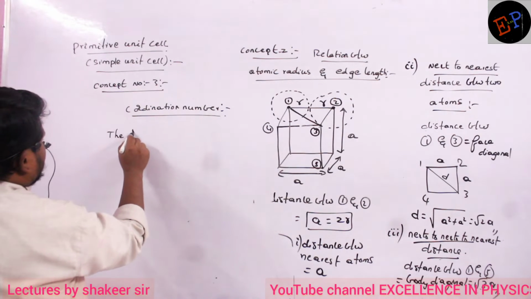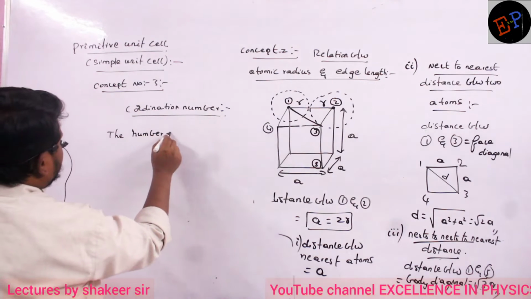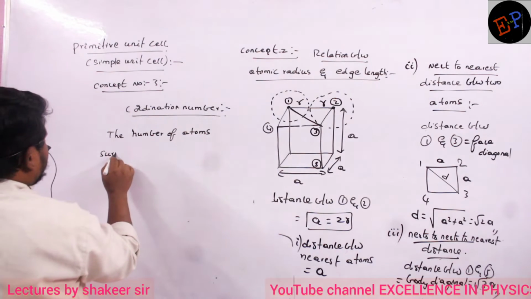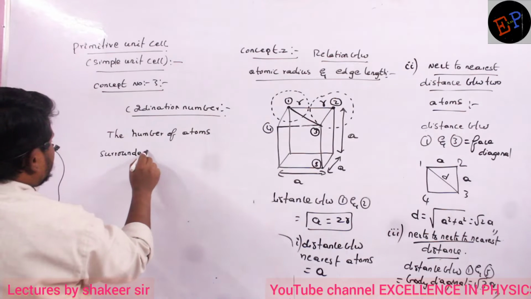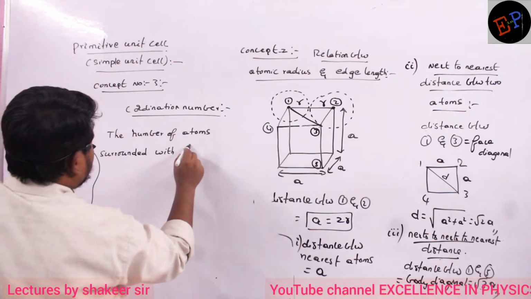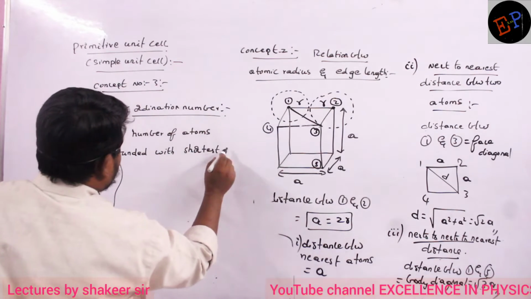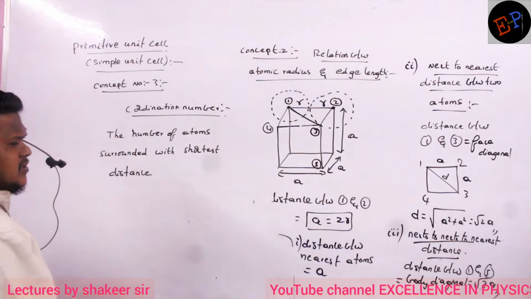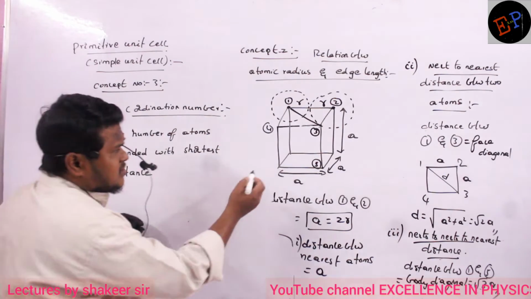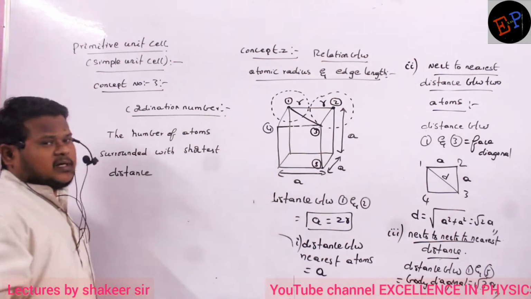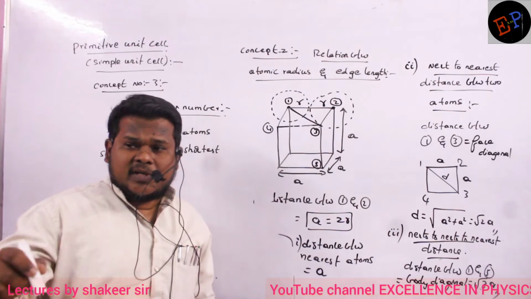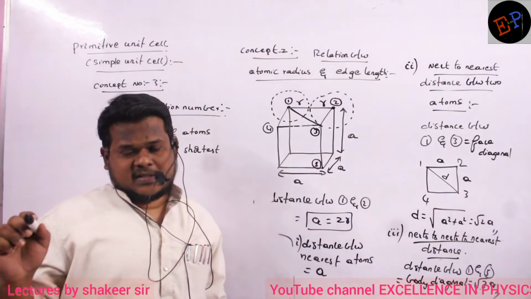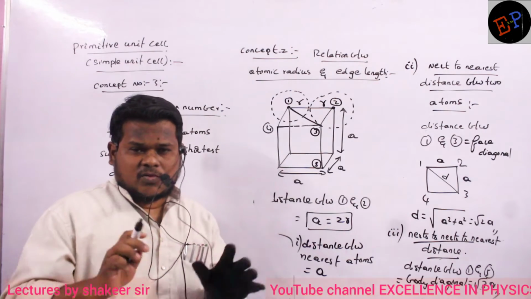The number of atoms surrounded with shortest distance. For example, if I take any one atom, are you able to understand? That atom is surrounded by how many atoms which are present at the least distance? That number is called the coordination number.